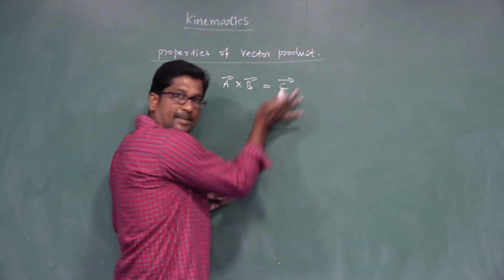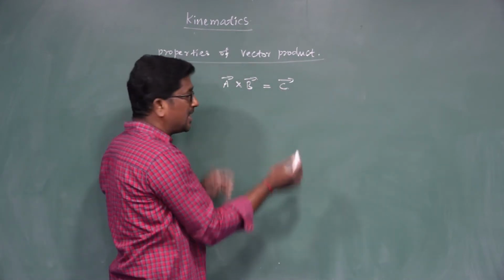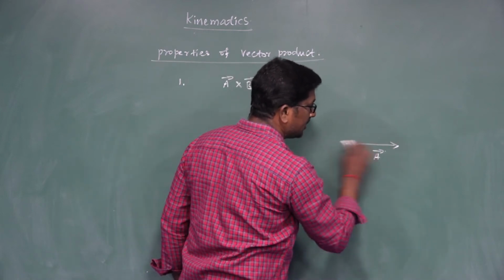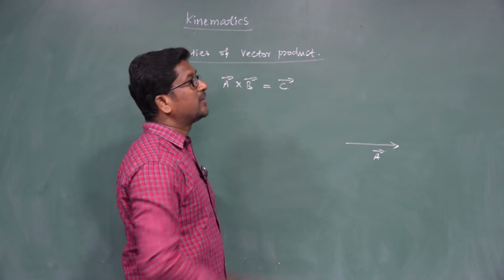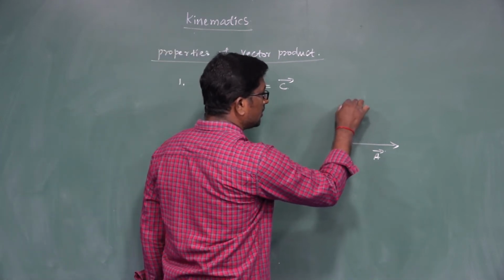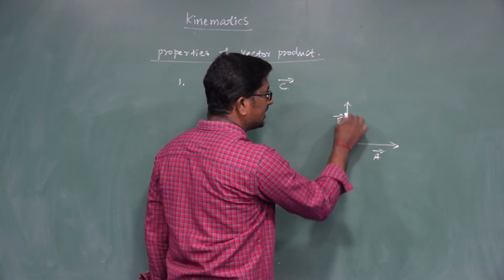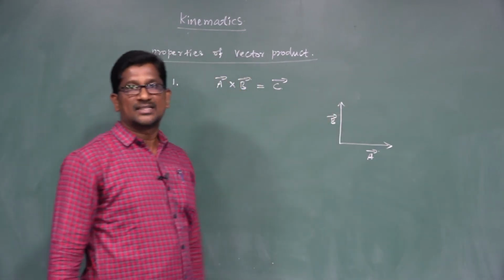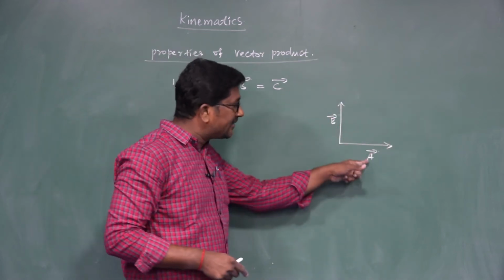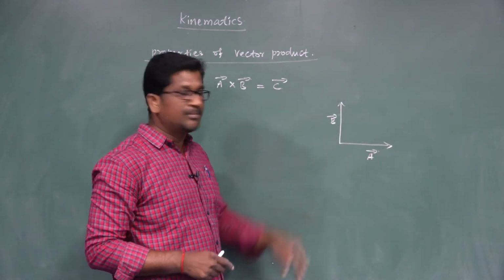Here, the board is a two-dimensional plane. Suppose the vector A acts along the positive x-axis direction, and the vector B acts along the positive y-axis direction. So in this plane there are two vectors, A vector and B vector.